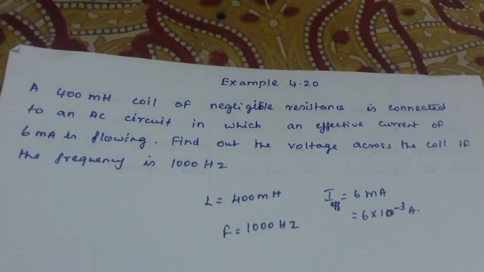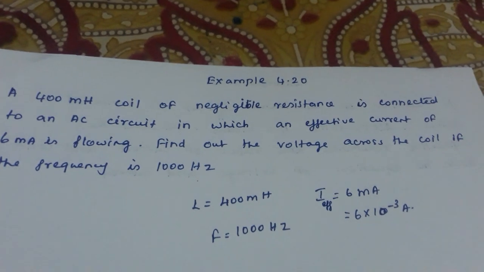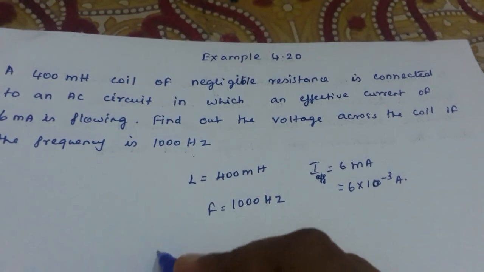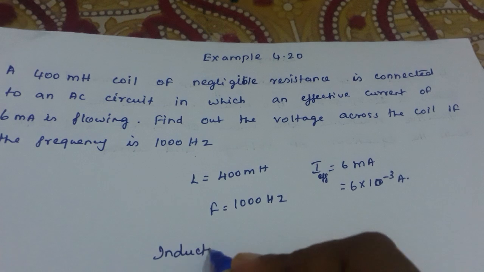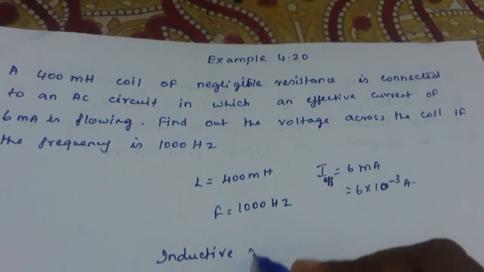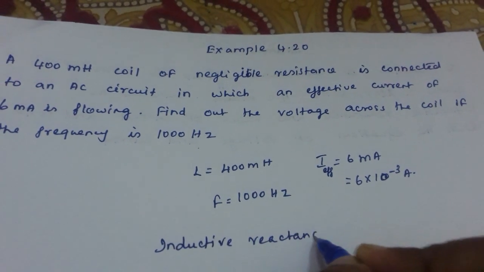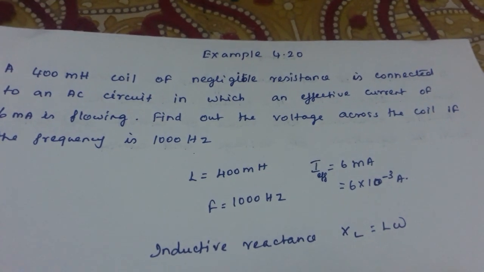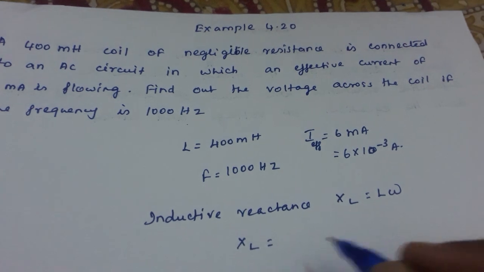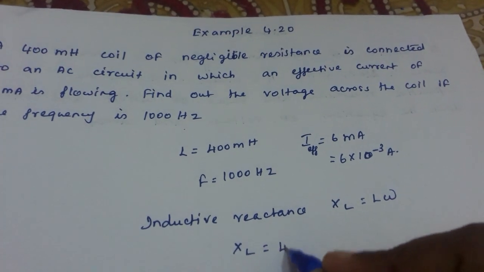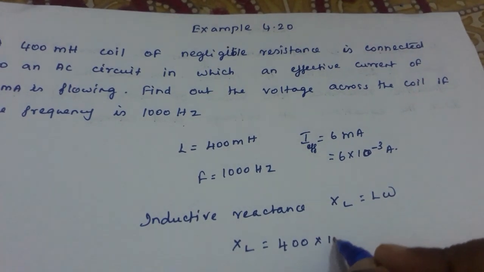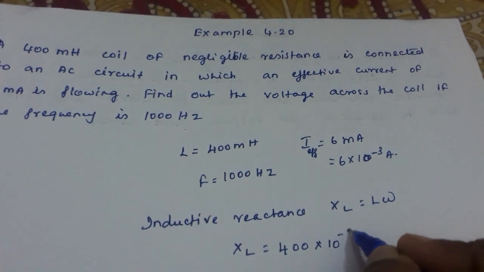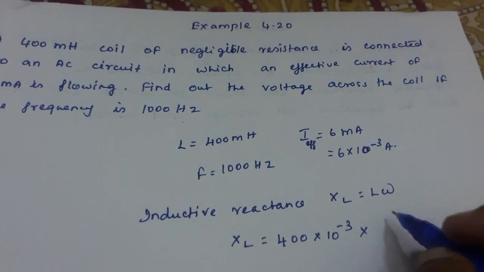What is asked? Find the voltage. So we know inductive reactance XL is equal to L omega. XL is equal to L, the value is 400 millihenry, so 400 into 10 raised to minus 3, into omega, which is 2 pi f.